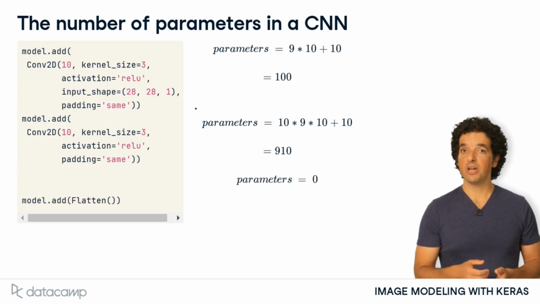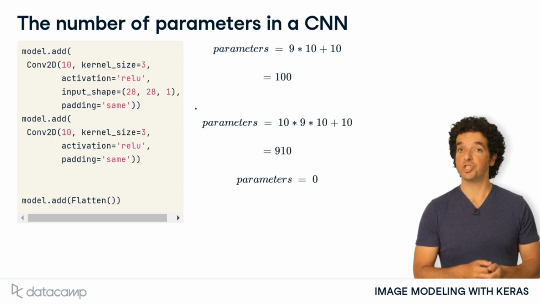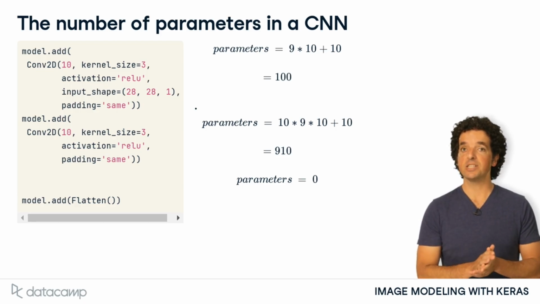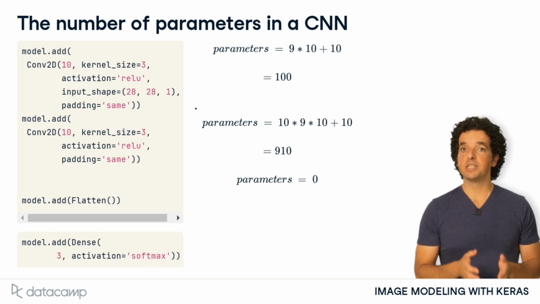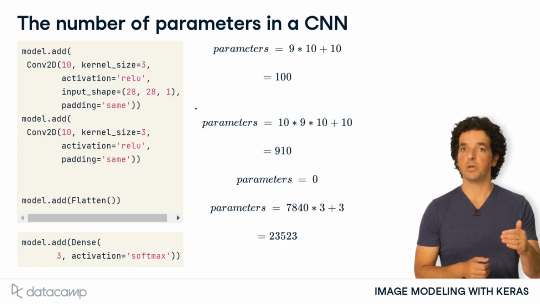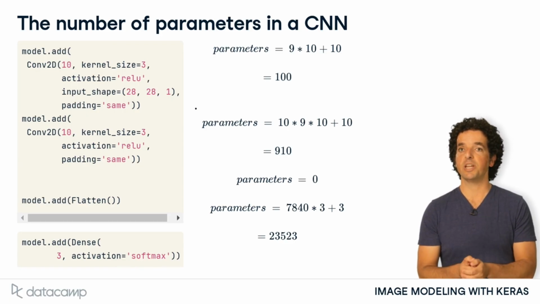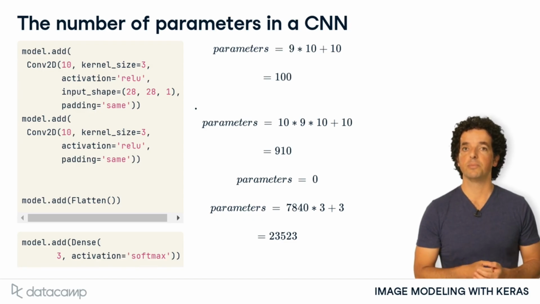The flattened layer has no parameters at all. It just takes the output from the feature maps in layer 2 and flattens them into one big array. Because there is zero padding here, the convolution leaves the same number of pixels in each subsequent layer, so we end up with 28 by 28 pixels in each feature map.